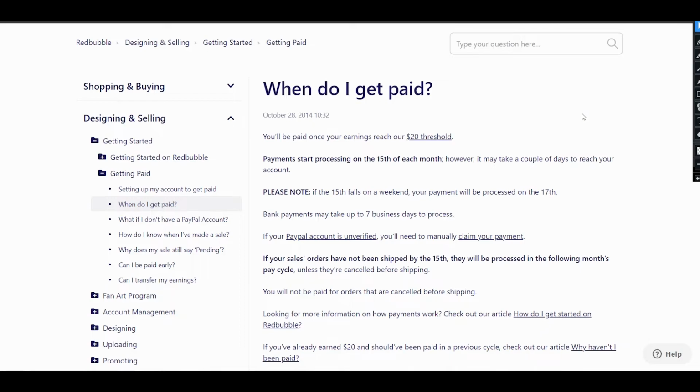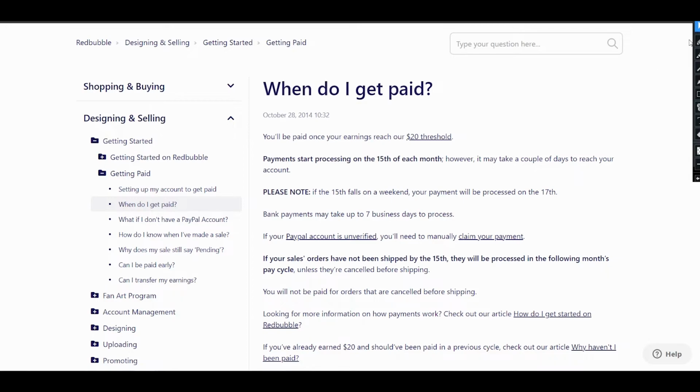From my experience, I don't remember that Redbubble can pay you prior to this date, but usually you can have money on your account on the 17th or 18th of the month, and especially if the 15th day of the month falls on a weekend, your payment will be processed after it, and you can get your money in a couple of days after it.